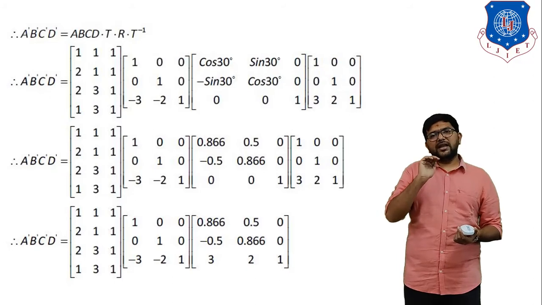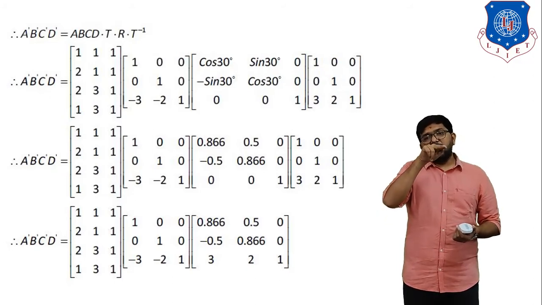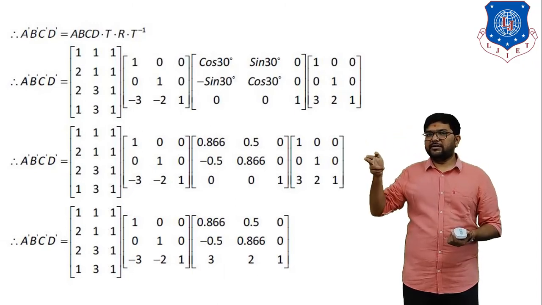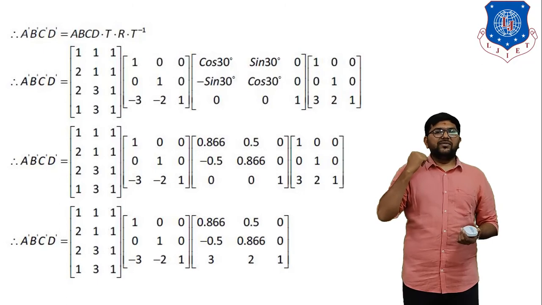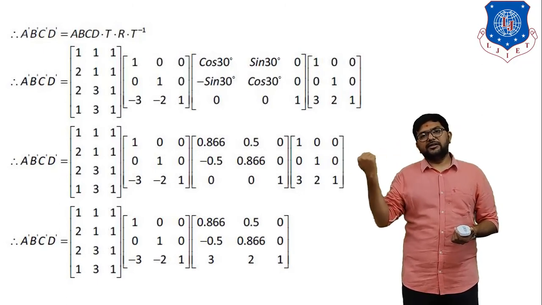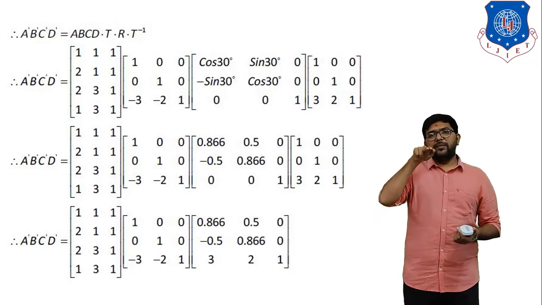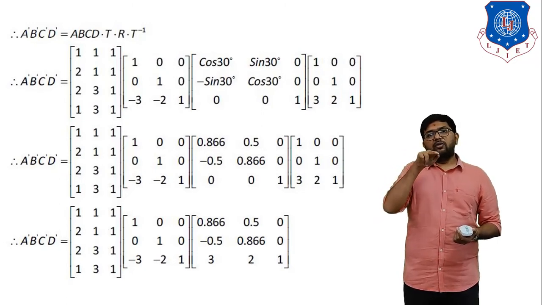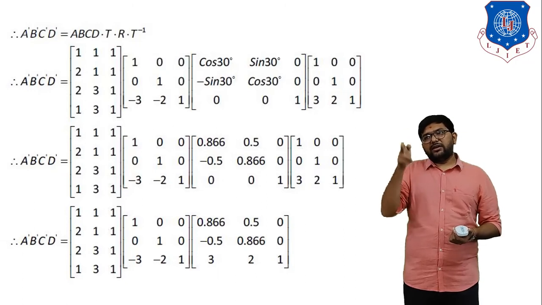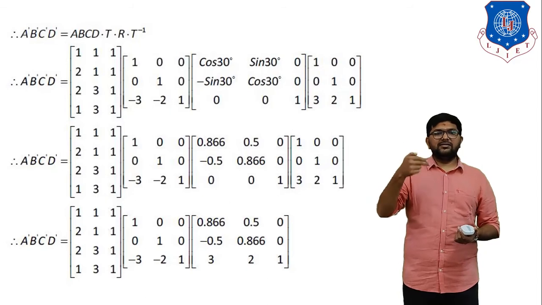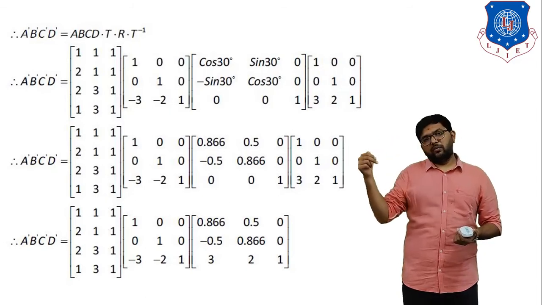Now you have to repeat the same procedure for the second row of the first matrix, and you multiply the second row with each column of the second matrix, and you will get the answer for the second row, that is minus 0.5, 0.866 and 0. In the same way you have to repeat this procedure for the third row of the first matrix, and you multiply the third row with each column of the second matrix, and you will get the final answer: 3, 2 and 1.